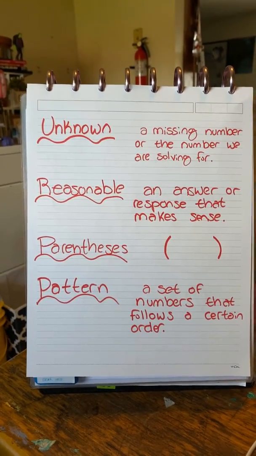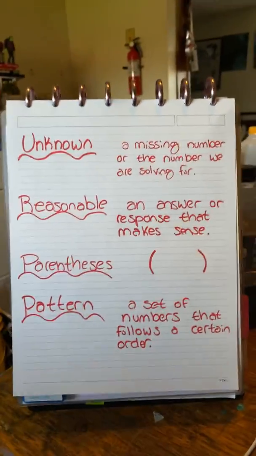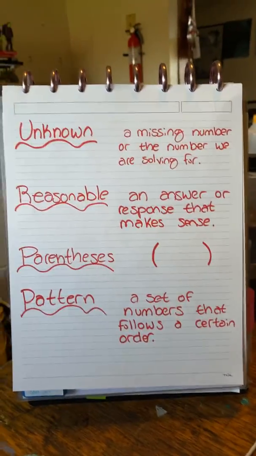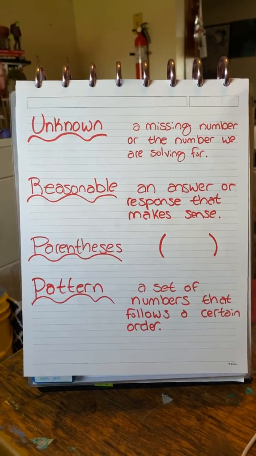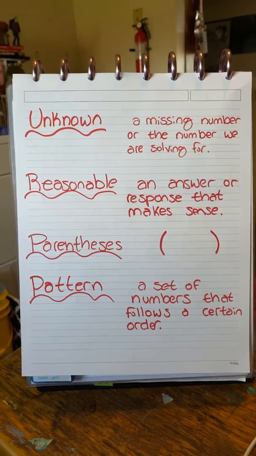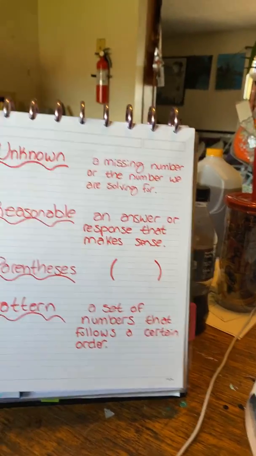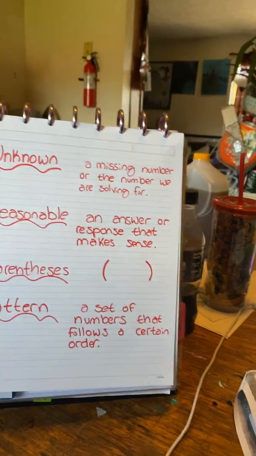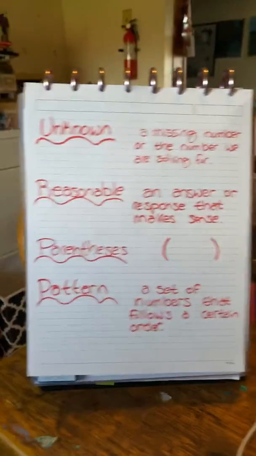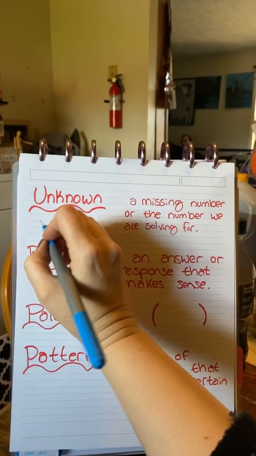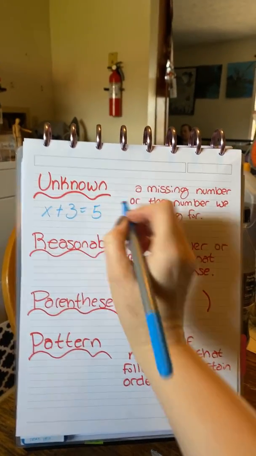So we're starting off with unknown. Unknown is simply an unknown, something we don't know, a missing number or the number we are solving for. So if I had a problem with an unknown, what I might see is x plus 3 equals 5.